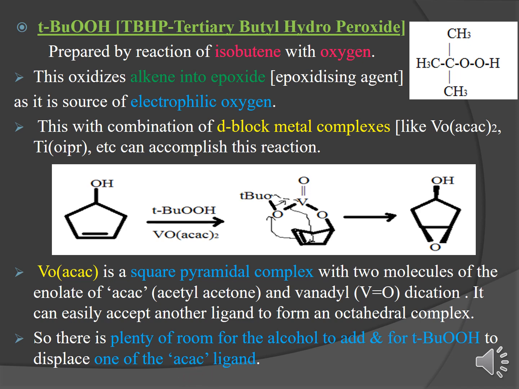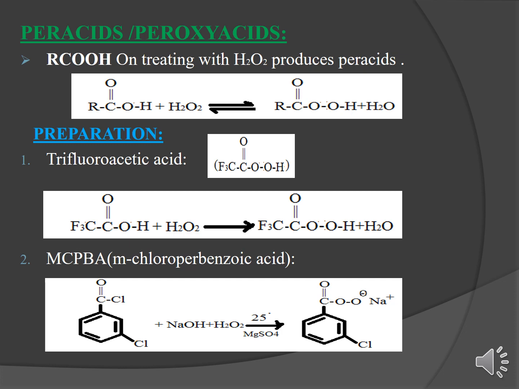Okay, so moving on to the next slide, that is your peracids or peroxy acids. So this is your peracid structure, which can also be called a peroxy acid. Moving on to the preparation part, how they can basically be prepared.